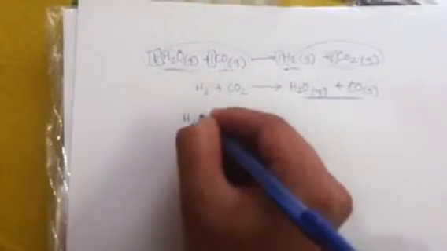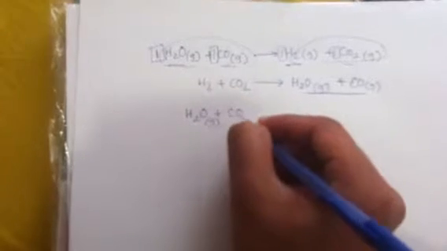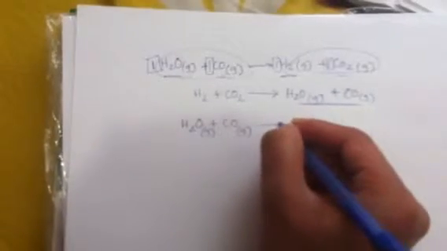In this case, we express our chemical equation in this form, and this is called chemical equilibria. So what is chemical equilibria?